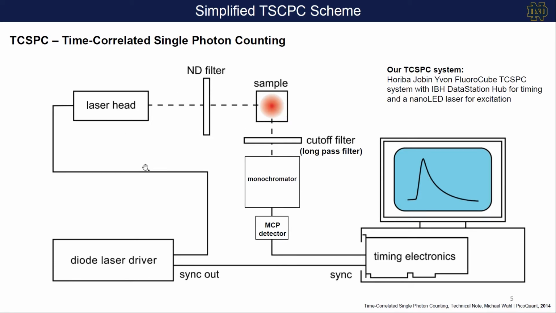Again, we want to cut down any of the excitation light because we don't want that to scatter toward the detector. That's also why we're doing this at 90 degrees, so we don't have direct scatter into the detector. So our emission comes out through here, we cut off any extra excitation scatter, then it goes to a monochromator in our case, and then toward our detector, and then it gets timed by the timing electronics in the system.